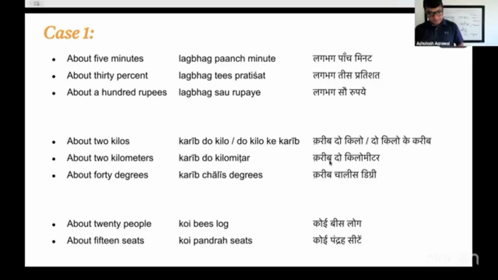करीब 2 किलो, 2 किलो के करीब, करीब 2 किलोमीटर, करीब 40 डिग्री. Okay, wonderful.